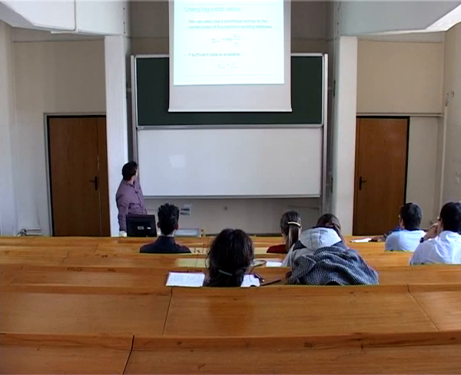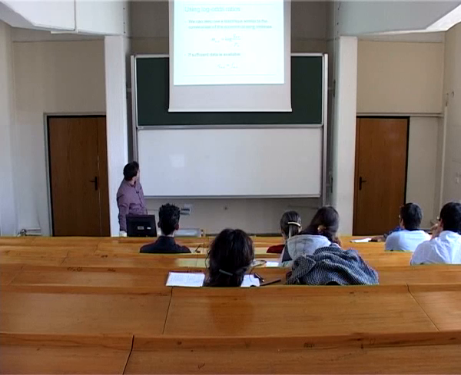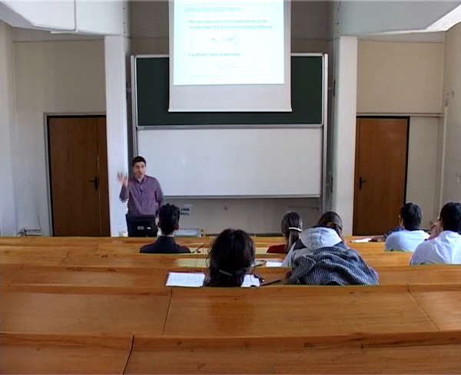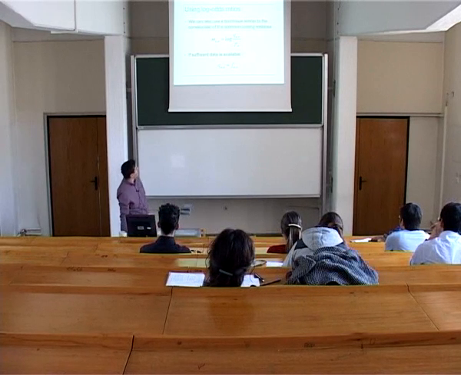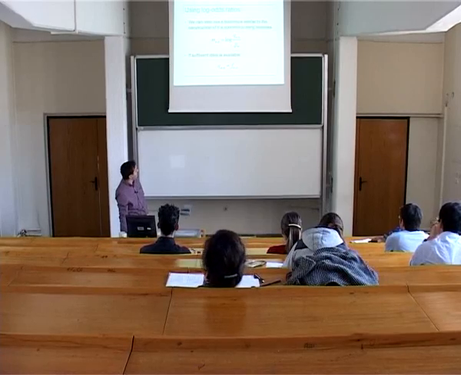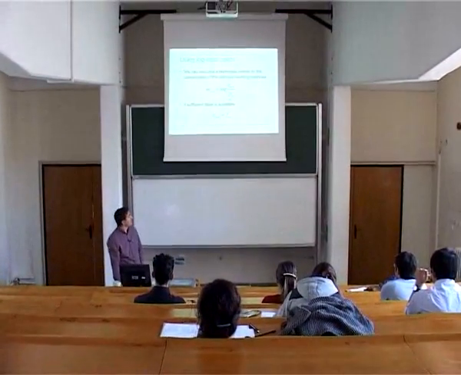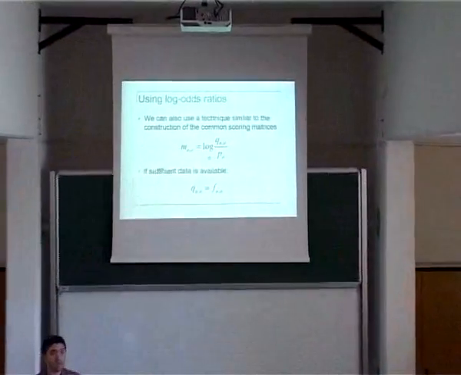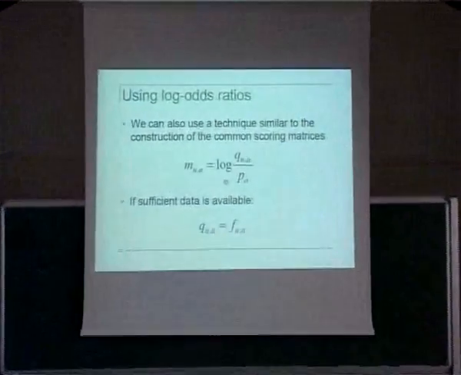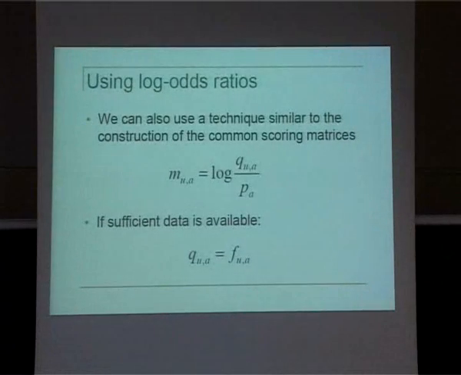At every position U, we compute the frequency of occurrence of that amino acid A in that column, in that position U. And we compare it with its background occurrence frequency. If this ratio is greater than 1, it's going to be a positive number. Otherwise, it's going to be a negative number.